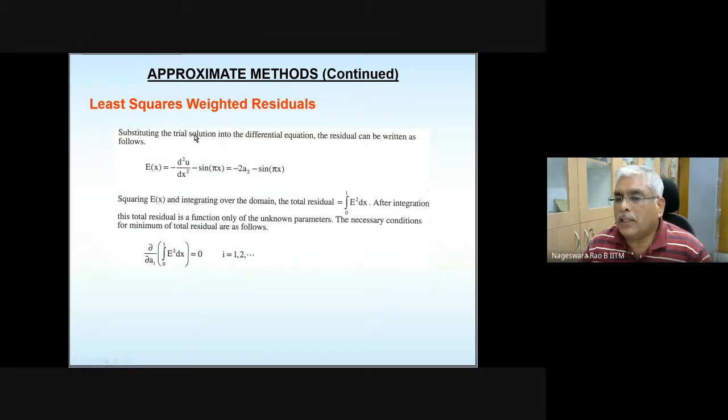Substituting the admissible trial solution into the differential equation, the residual can be written as follows. This is the residual.